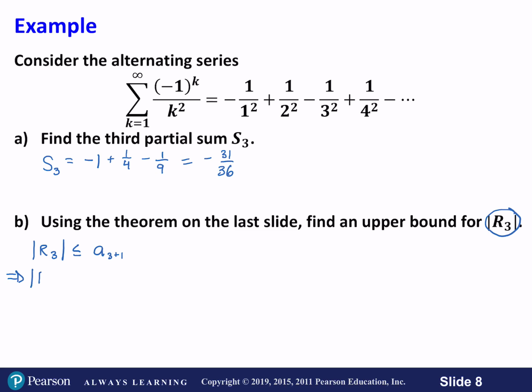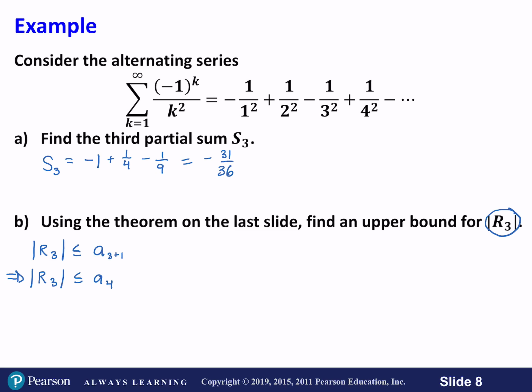So that just means that R3 is less than or equal to A4. And so question for you guys, think about it for a second. What is A4? A4 is the fourth term of the series.